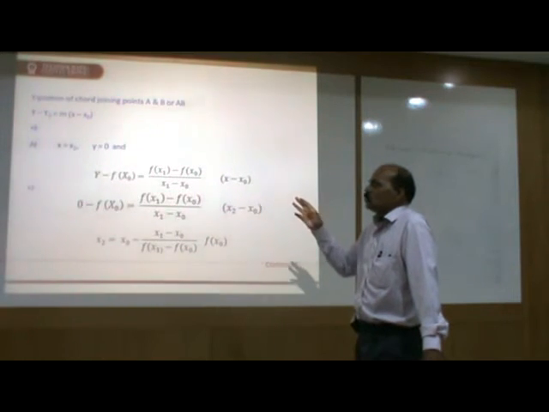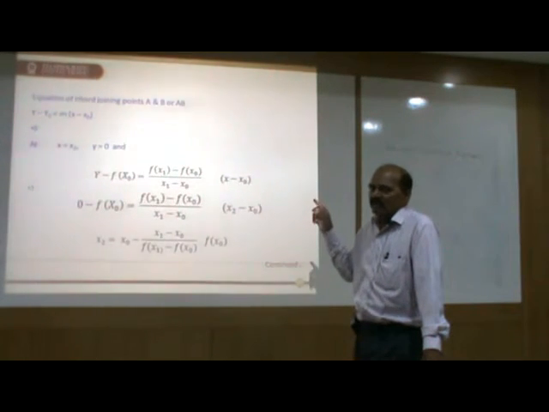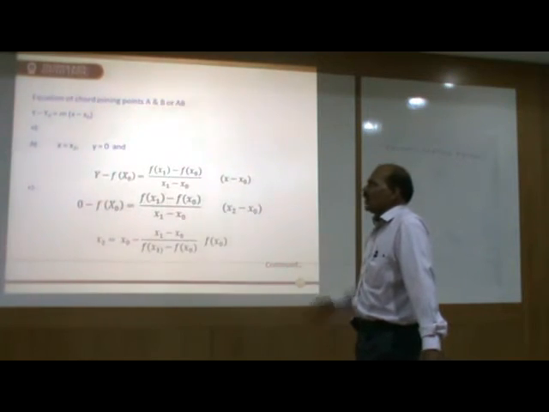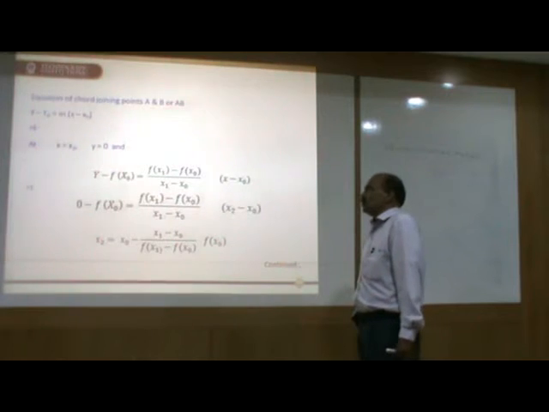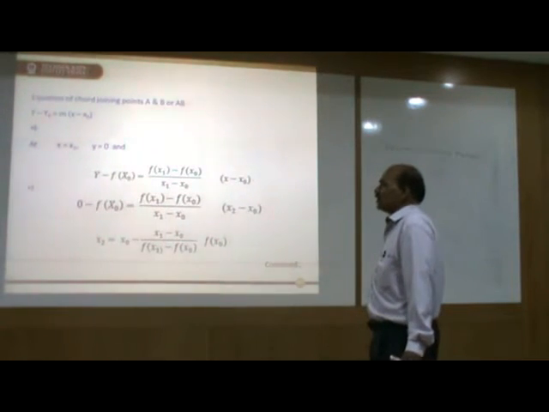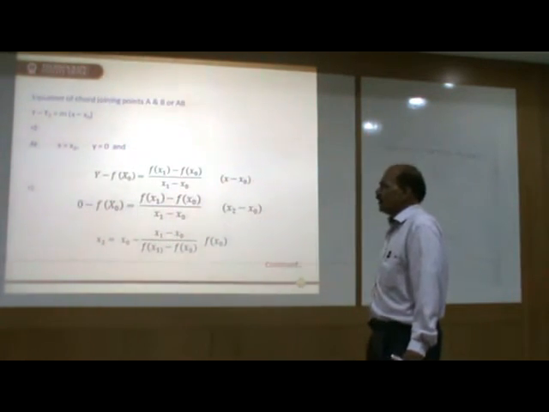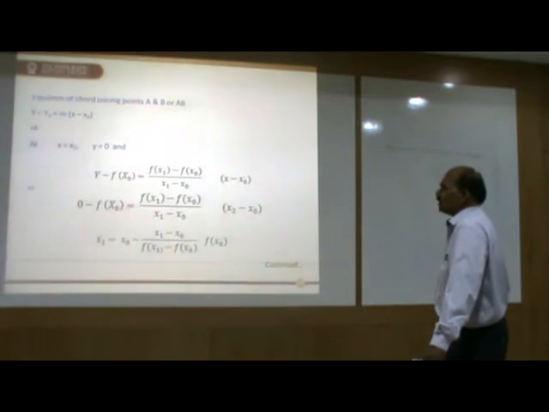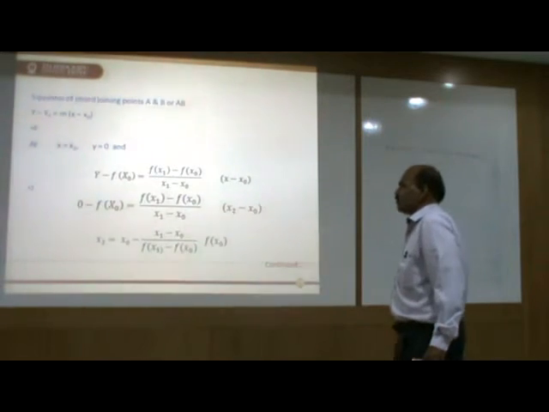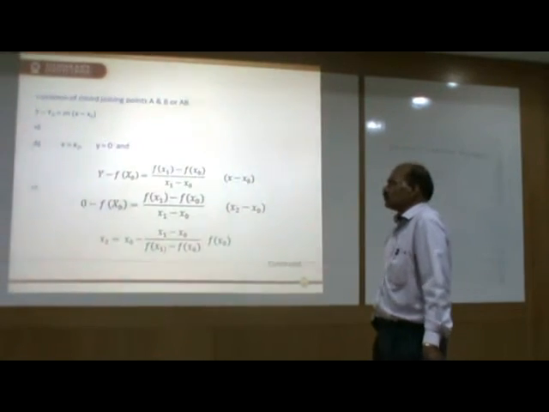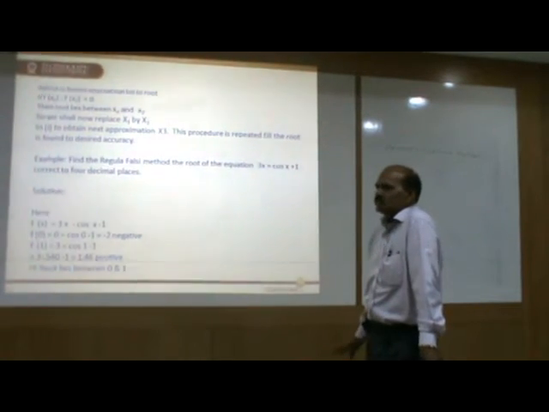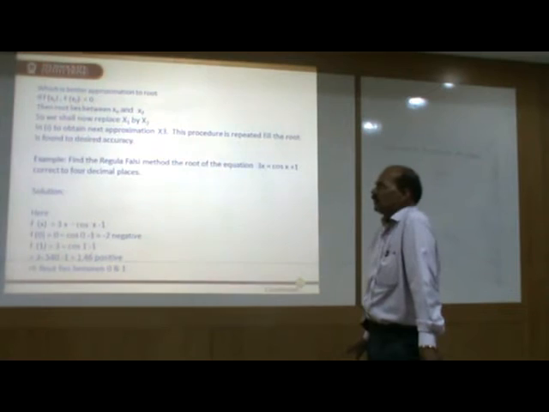Now at x = x2 in the figure which I have already shown, y will be equal to 0. And putting y = 0 in the equation of the chord, the formula comes out to be x2 = x0 - (x1 - x0) / (f(x1) - f(x0)) into f(x0). So this is the formula for finding the solution by using the regula-falsi method.